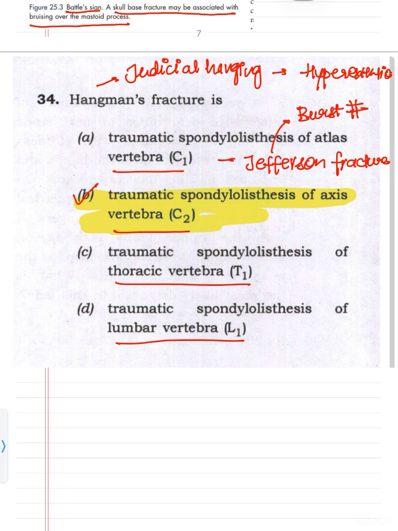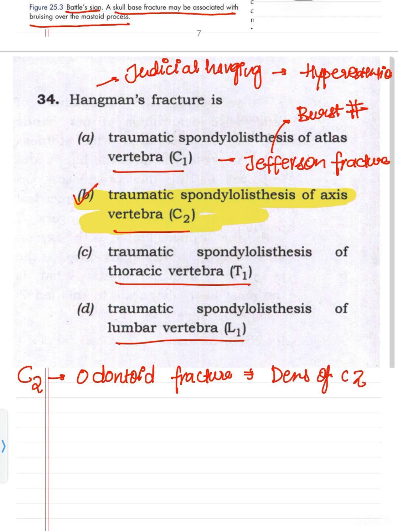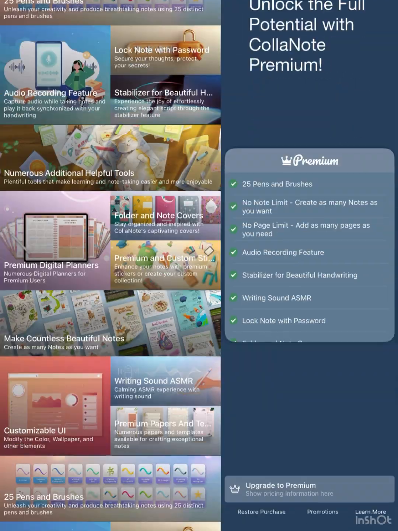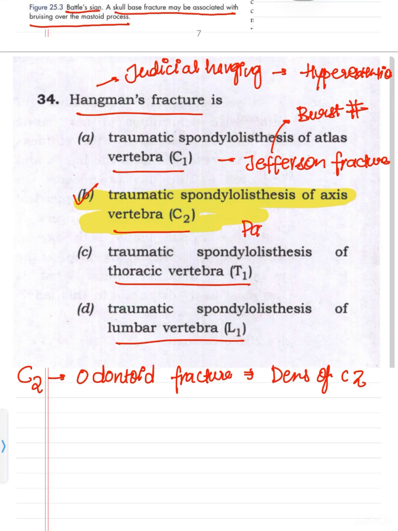Then we have another fracture of C2, which is known as the odontoid fracture. So C2's other important fracture is the odontoid fracture. In odontoid fracture, there is a fracture of the dens of C2, while in the case of hangman's fracture, the involvement is of the pars interarticularis, that is, the neural arch.